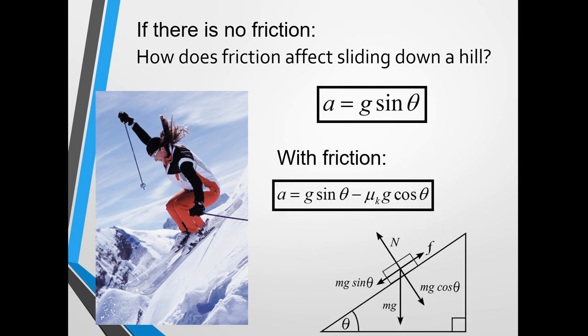Whereas if there is friction, then the acceleration will actually be g times sine theta minus the coefficient of friction multiplied by g multiplied by cosine of theta. So these are two key formulas that you will find on your formula page.